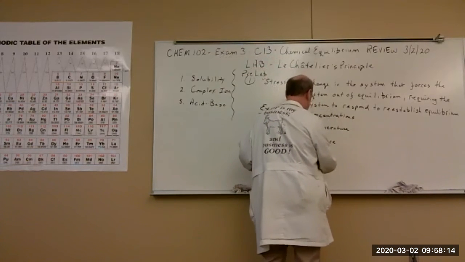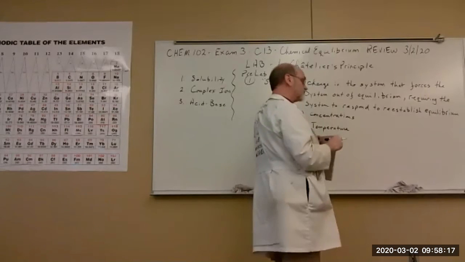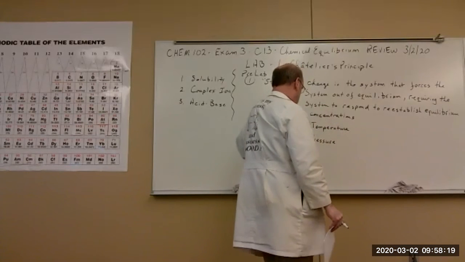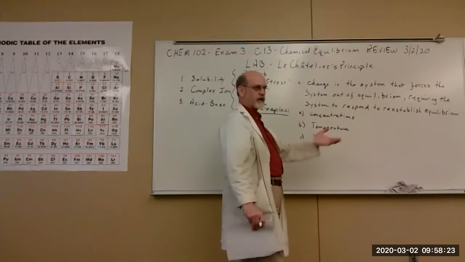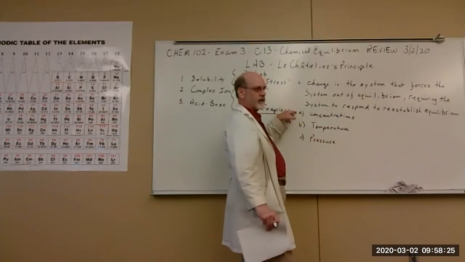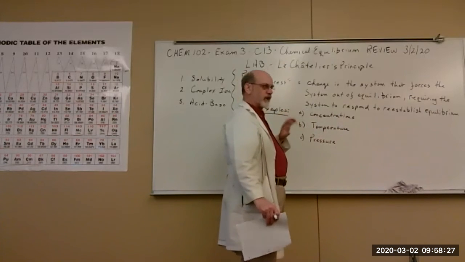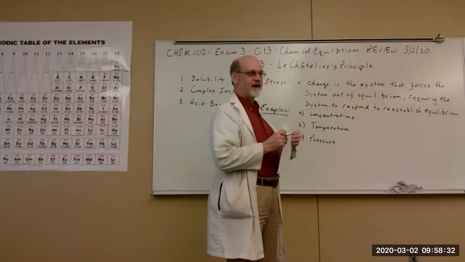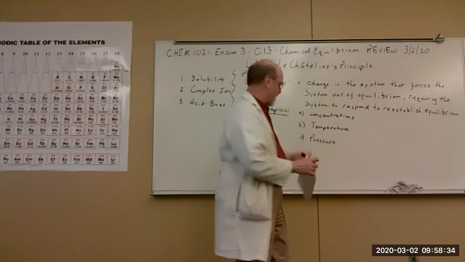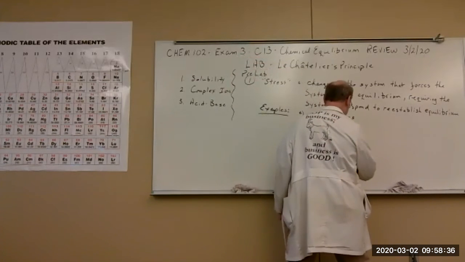Now, how can we change the pressure? Well, we could change the pressure by introducing more reactant or product, right? But we've already covered that one up here. So how would we do pressure alone without introducing anything? We have to have it in some kind of container, like compressing it.